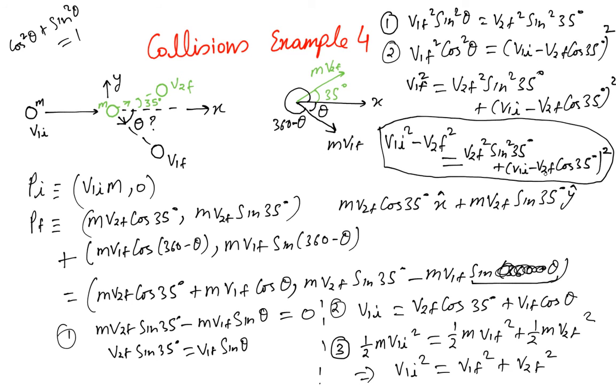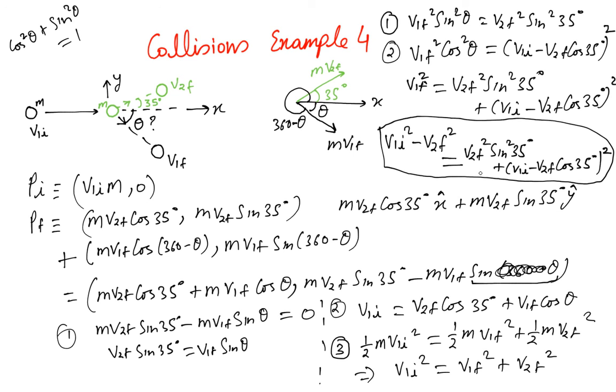As a matter of fact, this is all in terms of v2f squared, so it's a quadratic in terms of v2f squared, and you can solve it. And v2f should turn out to be a positive number, because this is how the ball should bounce. So this will give us probably two values, but we'll accept the positive answer.